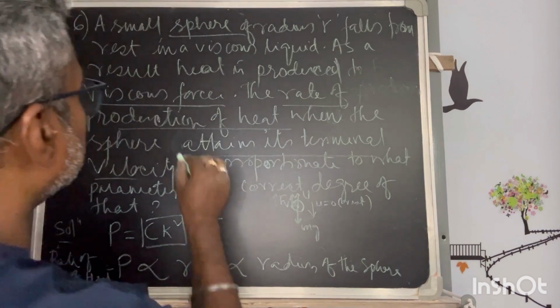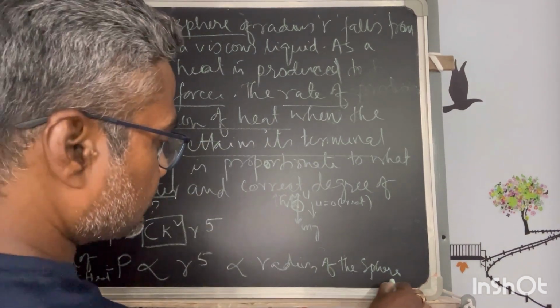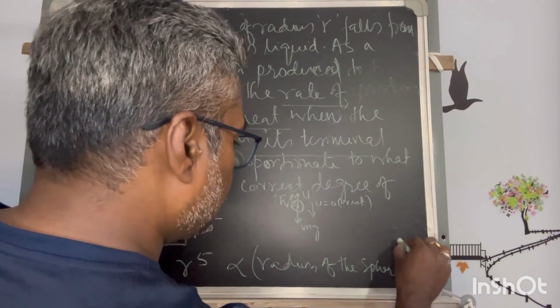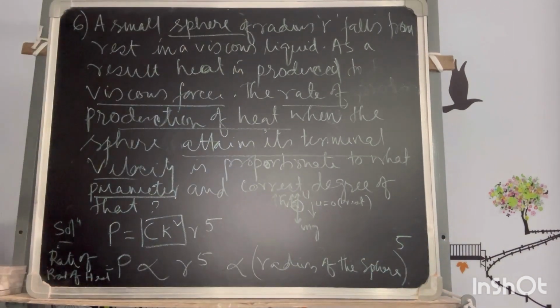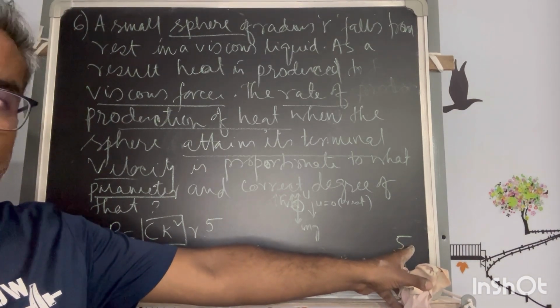The parameter with which it is varying is the radius of the sphere, and in fifth order. This power is proportional to the radius of the sphere to the fifth power. This will be our answer.